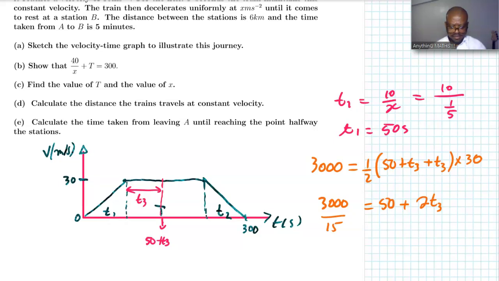Let's simplify. 3,000 divided by 15 gives 200, so 200 should be equal to 50 plus 2T3.